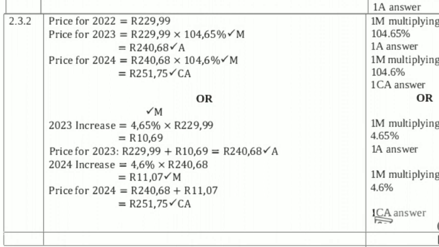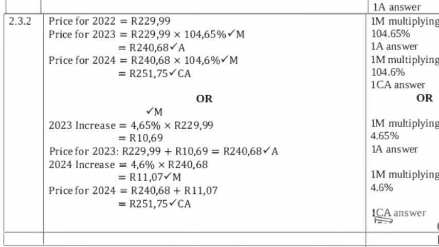So let's do the long way. The long way is actually, we're studying another example, the 2023 increase. You have to find the increase first if you want to do something very long, guys. You say 4.65% multiplied by 229.99. Then you find the increase, which is 10 rand 69.